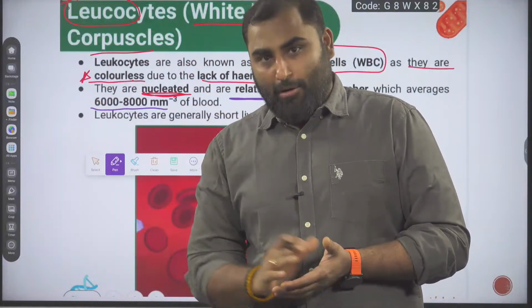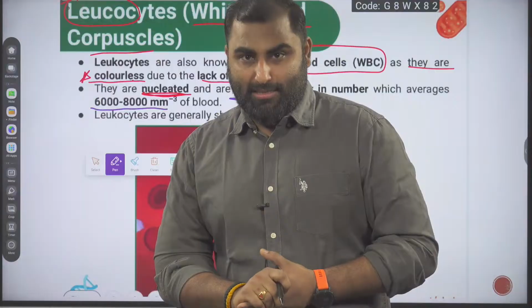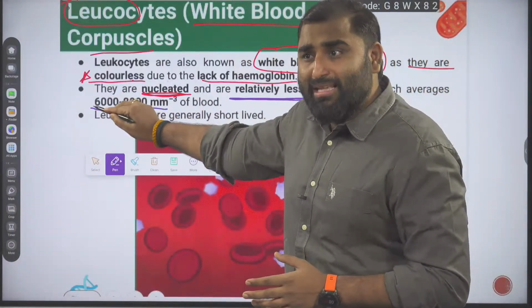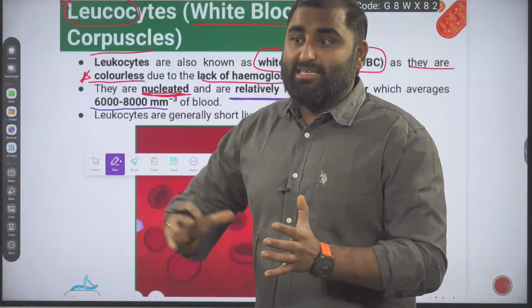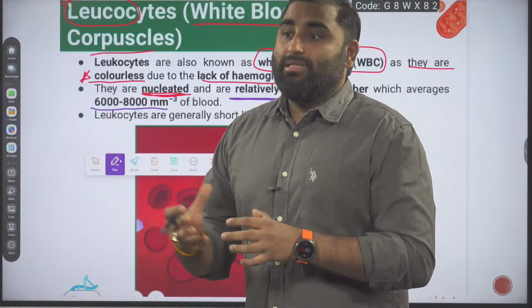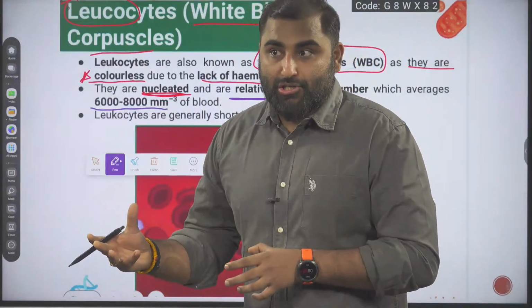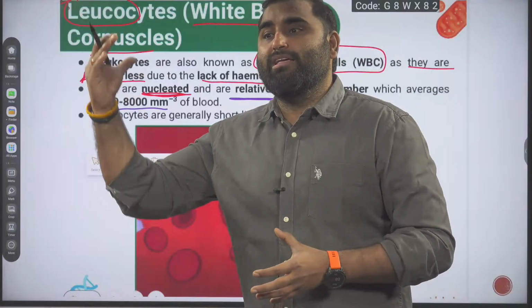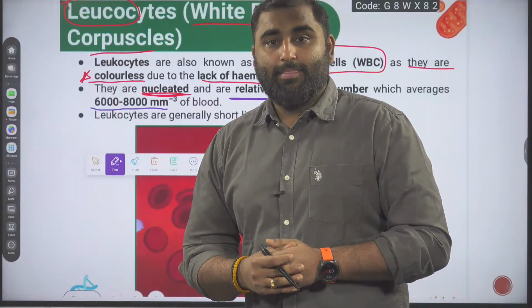Overall, the count of WBC in a normal person should be 6,000 to 8,000 per millimeter cube. This range may change. If the person is having an infection, the WBC number may increase, right?